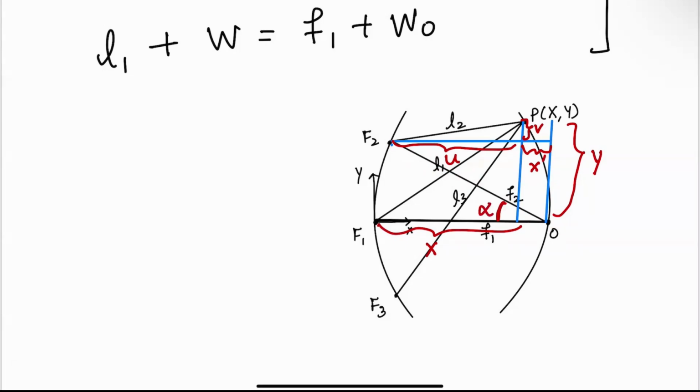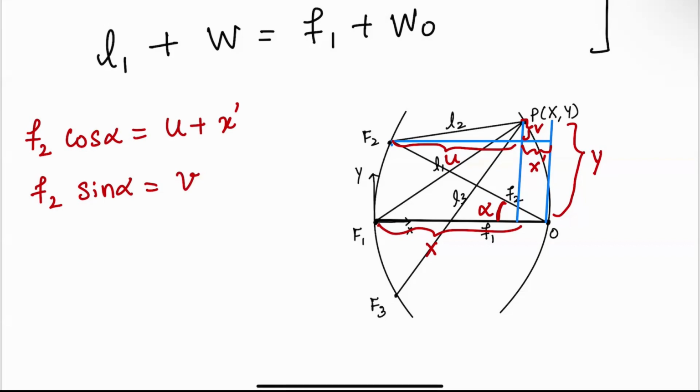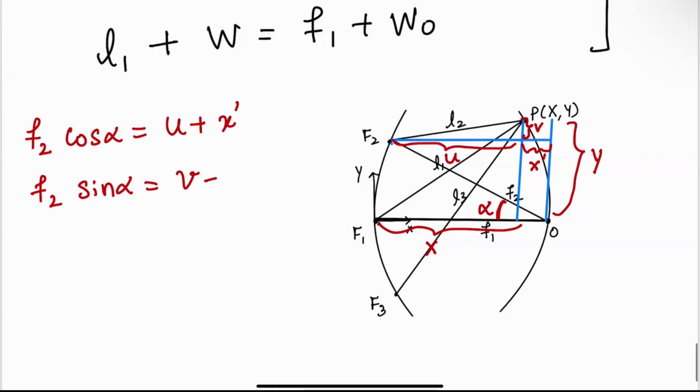So now it's fairly straightforward to see that F2 cosine alpha is U plus X prime. F2 sine alpha is V minus Y, right?